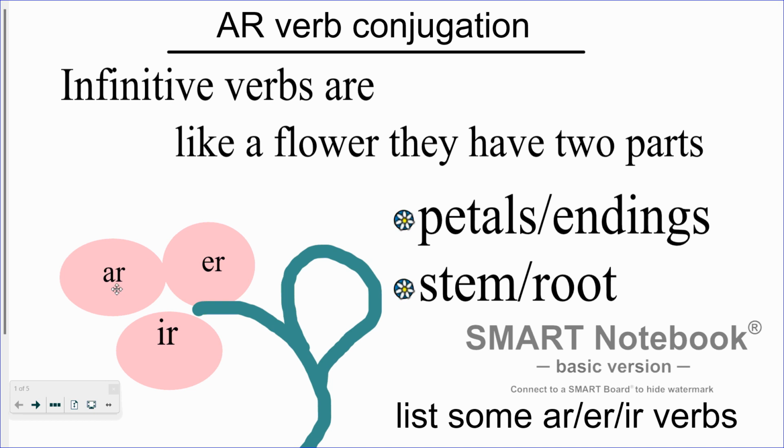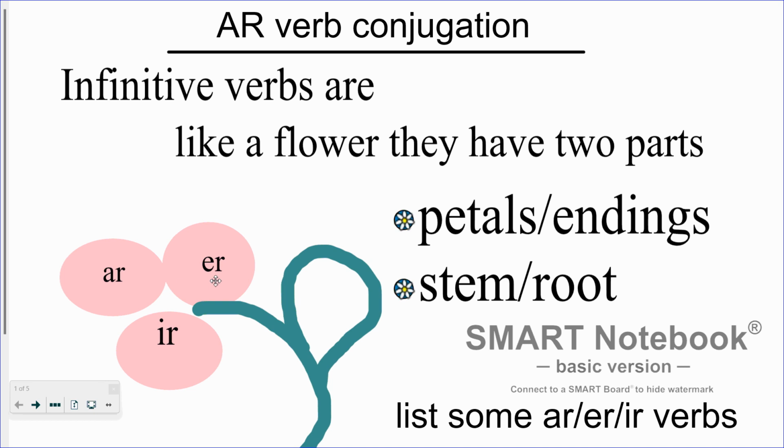Now, the AR, ER, and IR are the original or the infinitive forms of the verbs, and we've covered a lot of them in class. I'll just name some. Some AR verbs you might know would be hablar, practicar, jugar, escuchar.